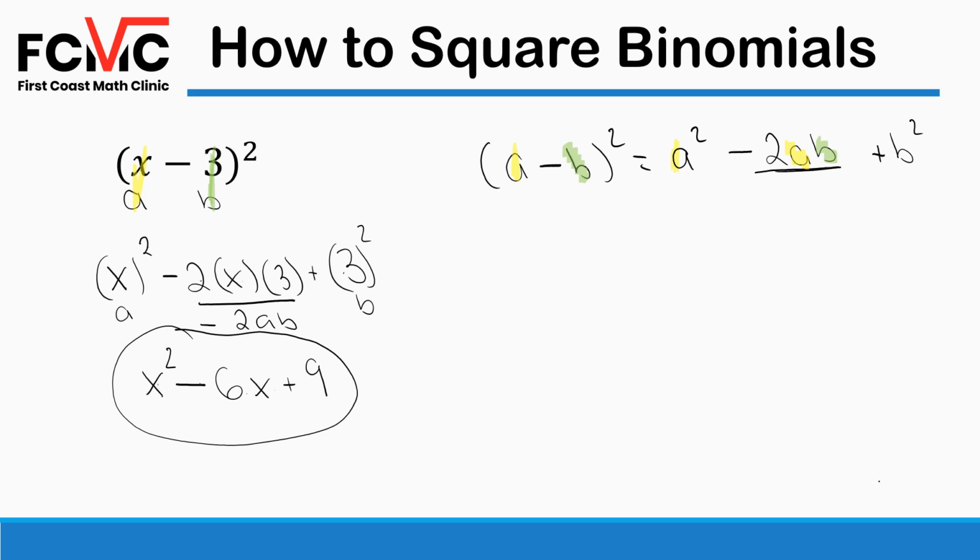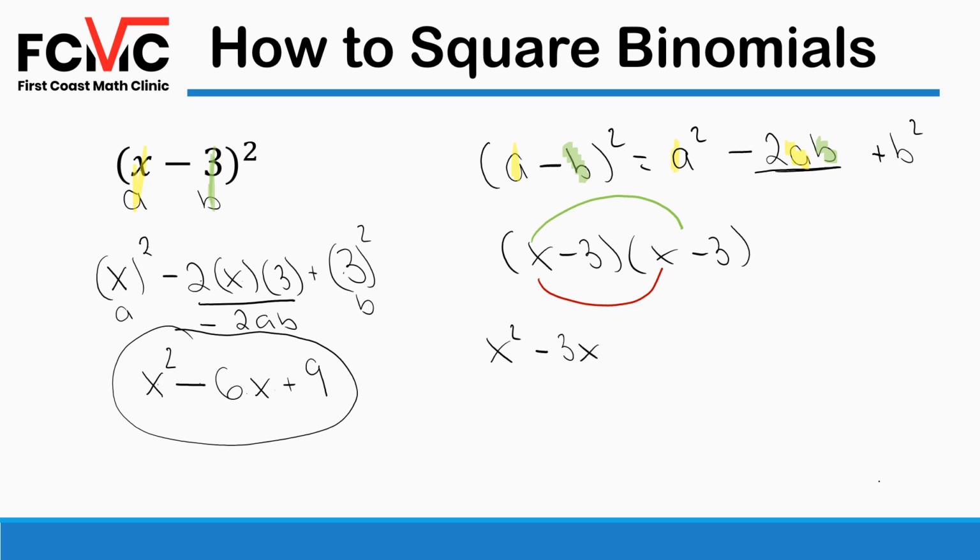And just as a quick check to show you that that works, I'm going to FOIL that really quickly. First, outer, inner, last. First, x times x is x squared. Outer, x times minus 3. Inner, minus 3 times x.